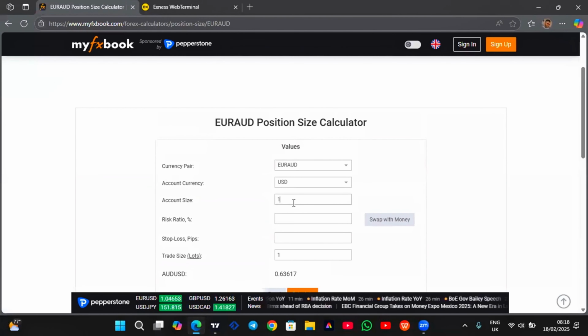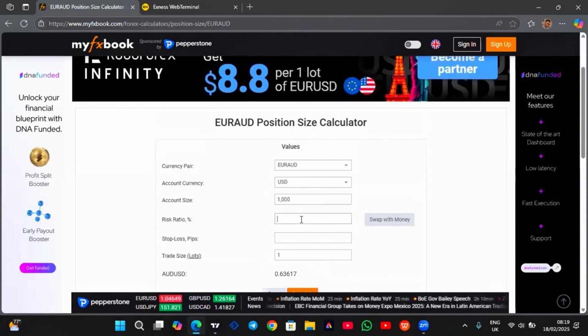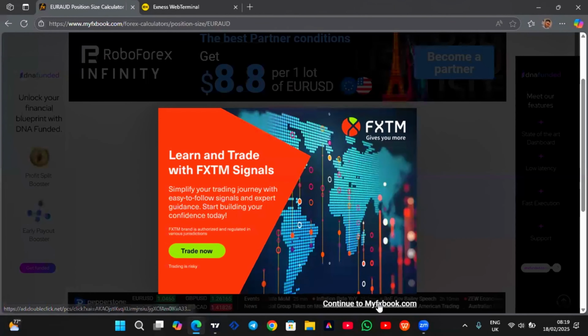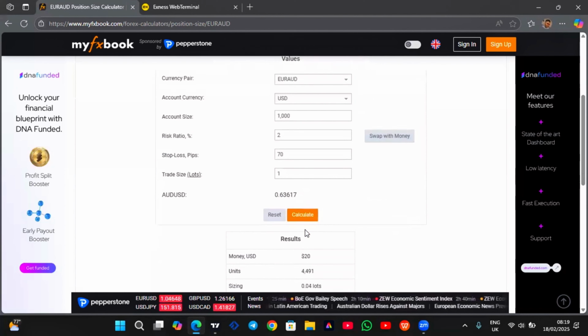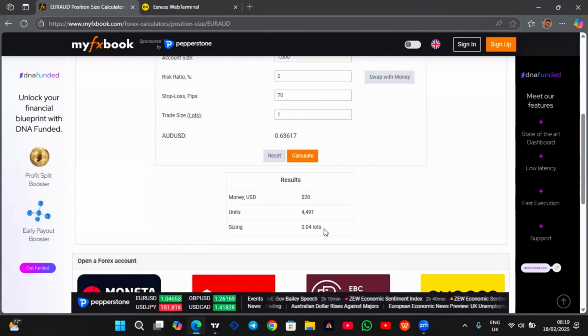Input again, 1000 USD, 2%. Stop loss 70 pips. 70 pips I want to risk, bro. Calculate. Still 0.04. I feel the reason why this thing is not 100% accurate is because I'm risking a very, very small amount of money.